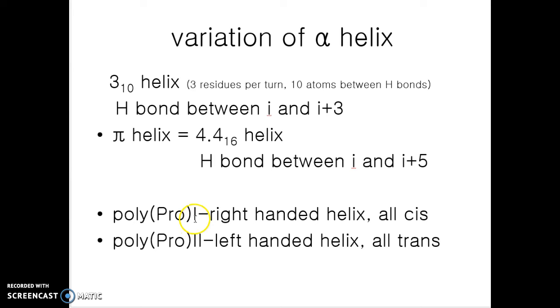Polyproline 1, where all prolines are present in cis configuration, makes a right-handed helix. Polyproline 2, where all prolines are trans, makes a left-handed helix.